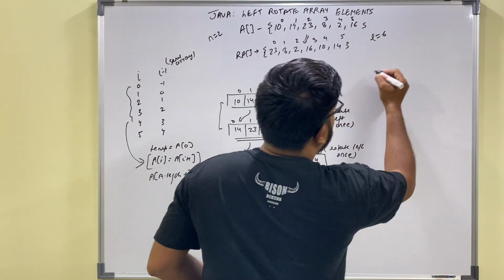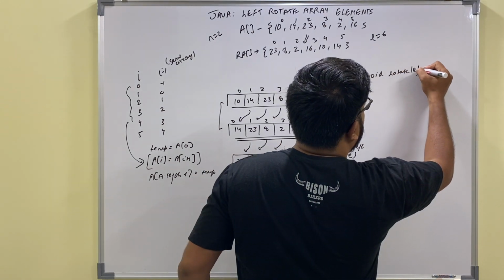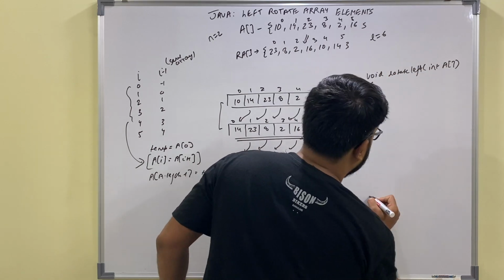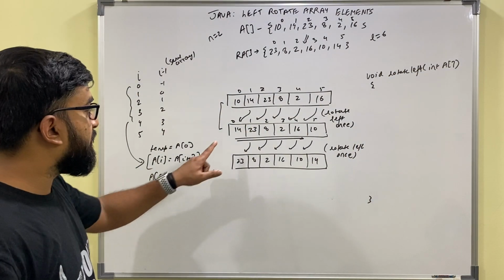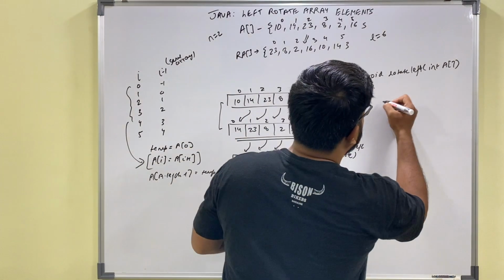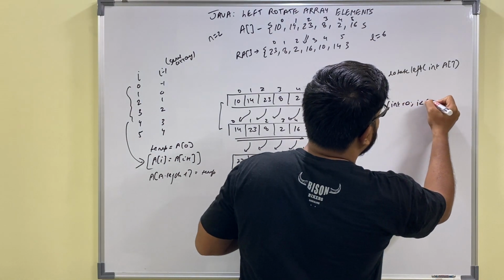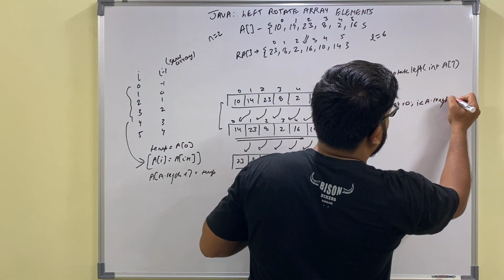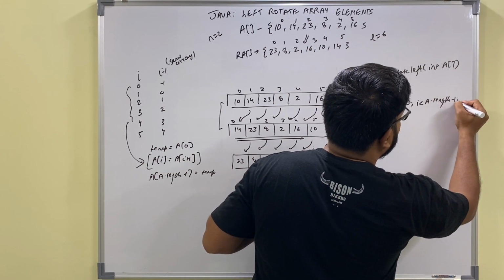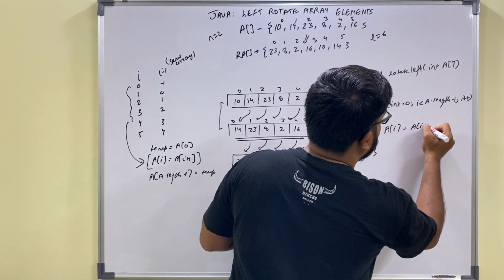So I'll say void rotate left, and it only takes the array because this is going to rotate only once. So from the first till the second last location, which is index 0 till the second last index, we do a of i equal to a of i plus 1.